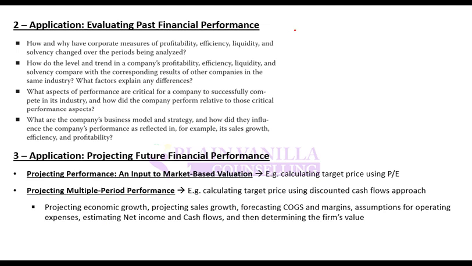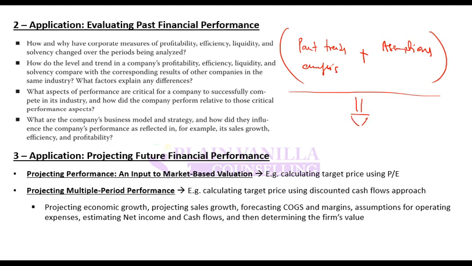Once you have analyzed the past, then based on past trends analysis and your assumptions or expectations for the future, you can combine these two, and based on these you can arrive at future projections, which again is an application of financial statement analysis.